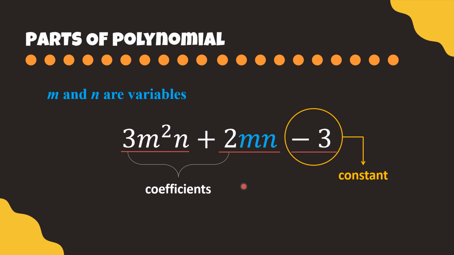Negative 3 is your constant. Again, 3 and 2 are coefficients. These are numbers with variables. The letters m and n are variables. Negative 3 is the constant. It is only a number without any letter with it.